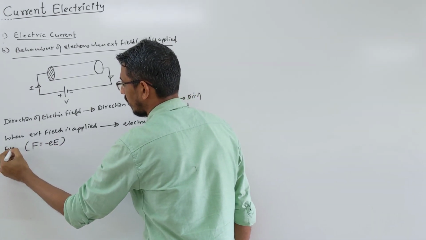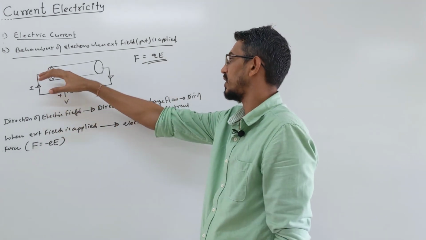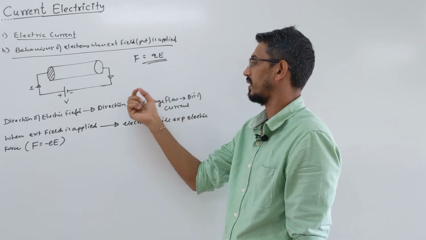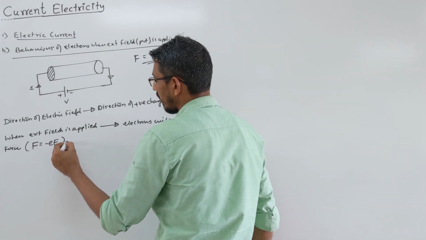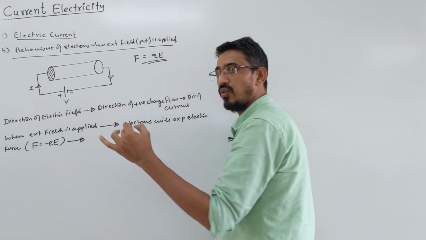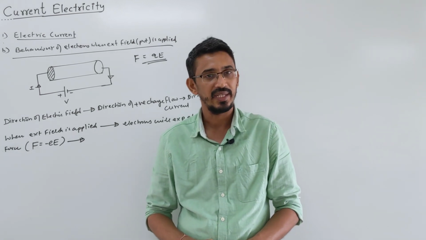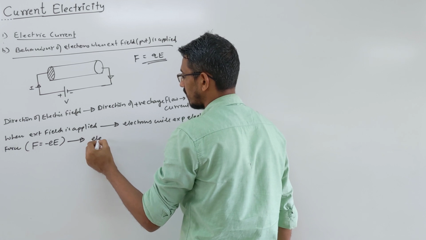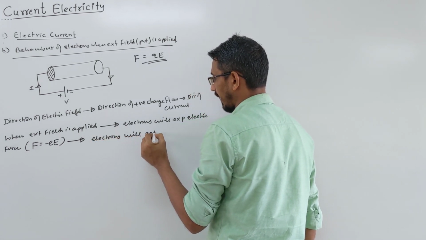So when a field is applied or a battery is connected, an electric field is set up in the wire, so all electrons will experience a force. That force is electric force, QE or minus eE. Now when you apply an external force on any body, the body gets accelerated. So electrons will get accelerated.